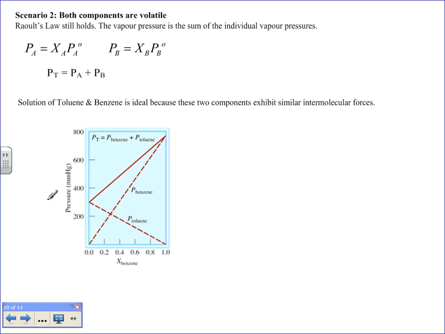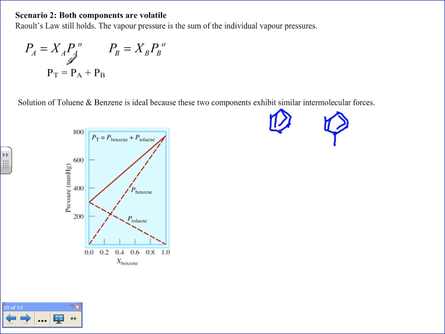We're going to see the effect in a few minutes of a solution that's not ideal. The reason they have similar intermolecular forces is because their structures are very, very similar. Quantitatively, we're only going to be studying ideal solutions, or one where the intermolecular forces are similar.